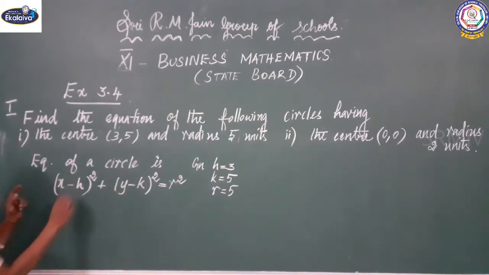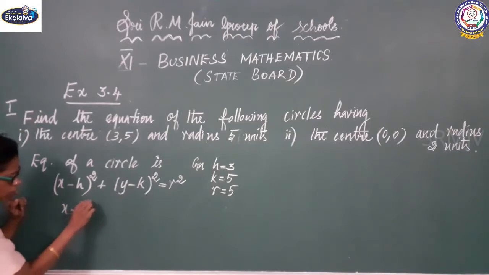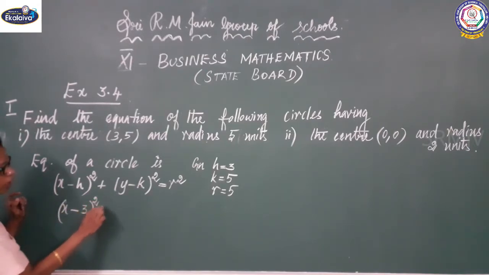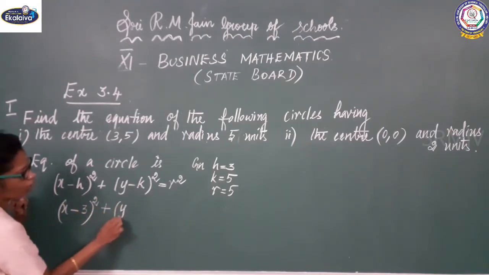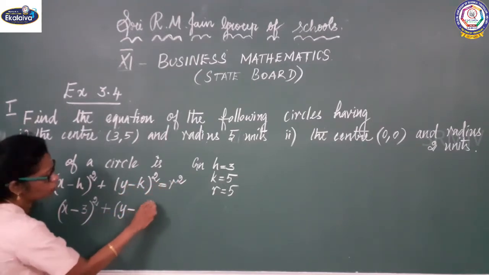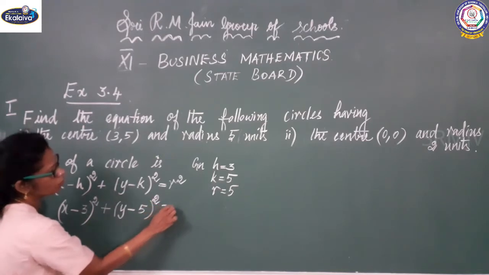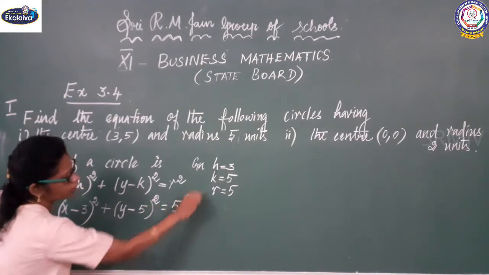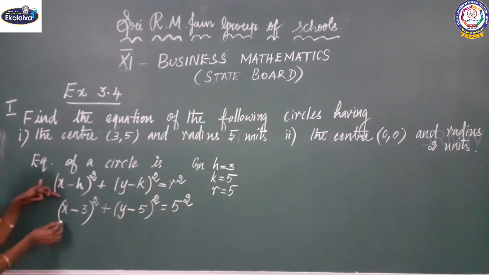That's it. Now x minus h can be replaced by 3 the whole square plus y minus k can be replaced by 5 whole square equals 5 square. Right? Now you are going to apply the a minus b the whole square identity.